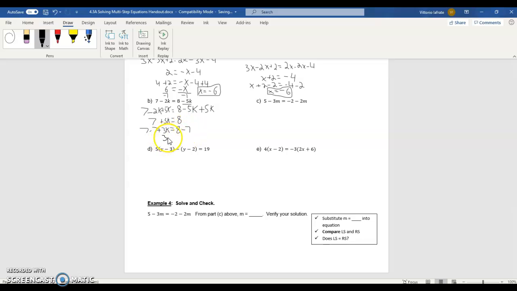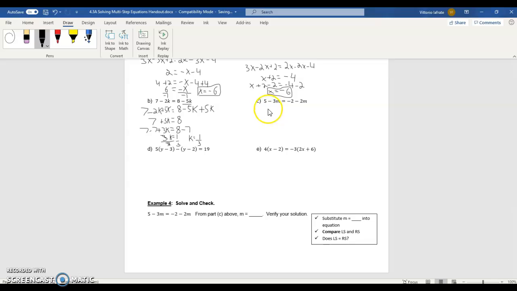So that's 3k is equal to 1. Now I need to divide by 3 on both sides. The 3 cancels out over here since it's on the numerator and denominator. And we end up with k is equal to 1/3. Again, retry that problem, but send the variables to the right side and see that you end up with 1/3 as well.